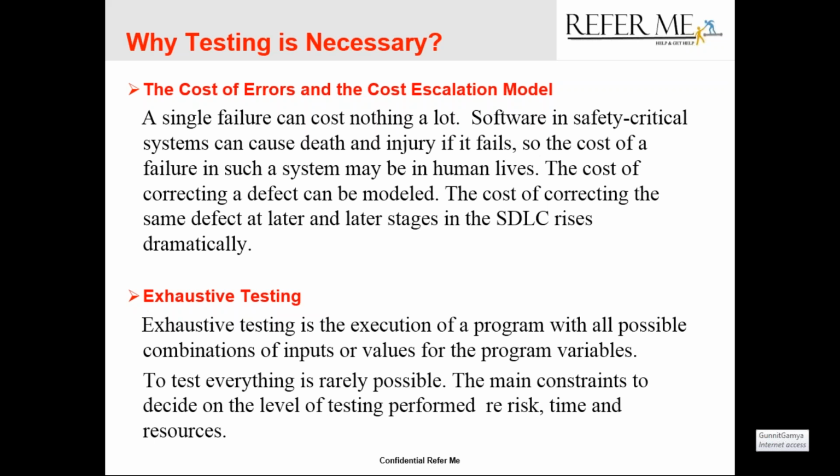So tell me what could be the consequences? Hello. Yes, sir. What will be the bad result if your X-ray machine has some fault? I told you, sir, that I will not be able to do anything, like I will not be able to do Xerox from that machine. It will not work properly.